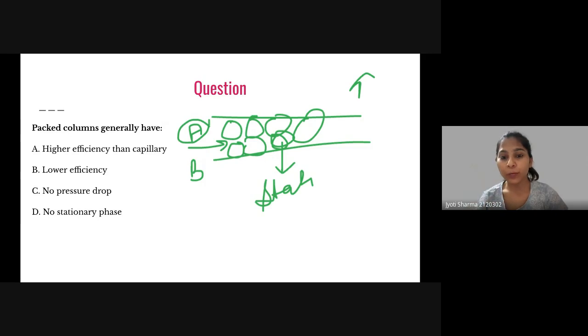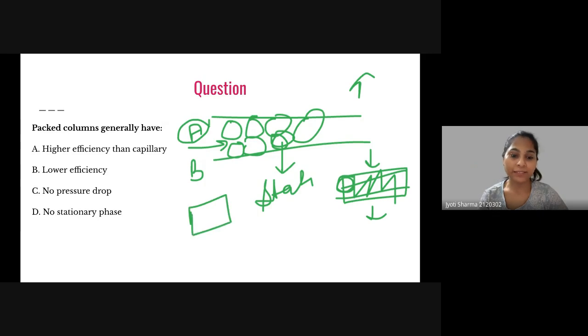You can take one example, like a sieve or filter paper. If the pore size of that filter paper is large, then your filtering will be easier. But if you have filter paper where the pore size is very, very small, then your filtering will be very difficult. What is the reason it is so difficult?